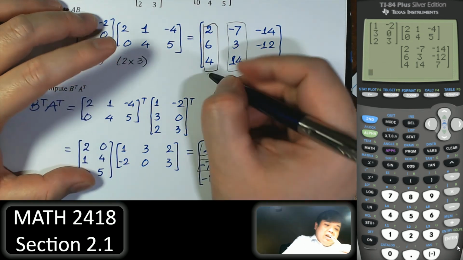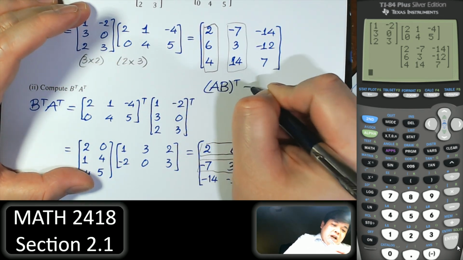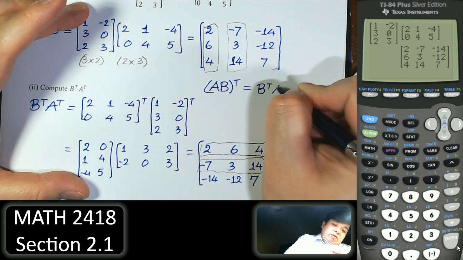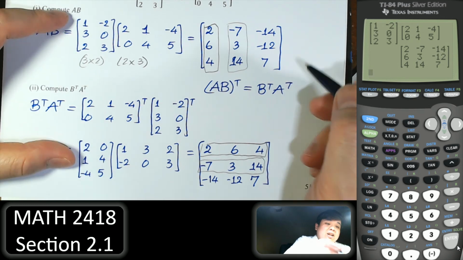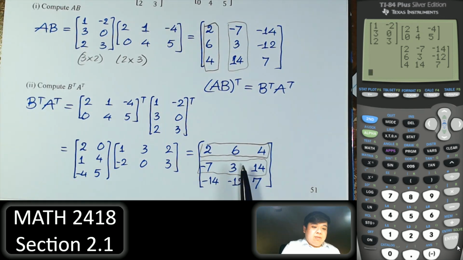So in fact, the transpose of the product is the product of the transposes but in the reverse order. So indeed, this is the transpose of the other matrix. Right. So with that, I stop section 2.1 at this point.